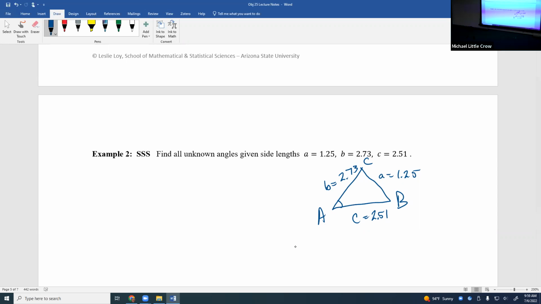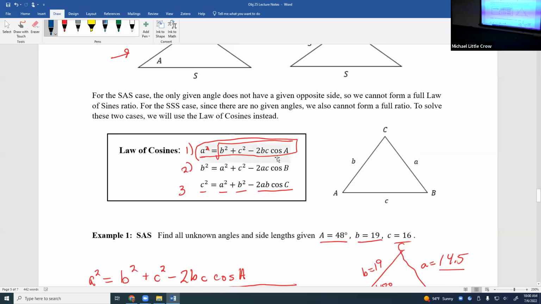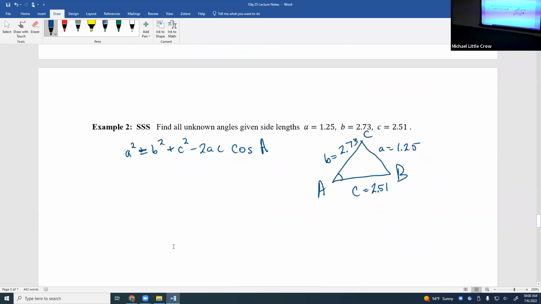Let's solve for angle A. That's a squared equals b squared plus c squared minus 2bc cosine of big A. Whoops, not AC, BC. There we go.